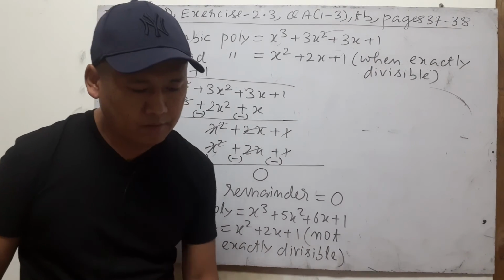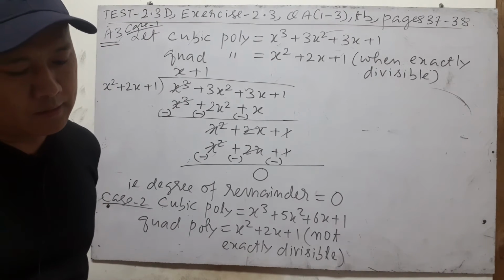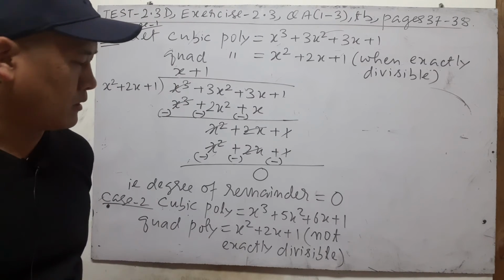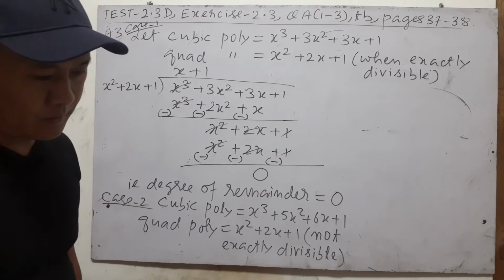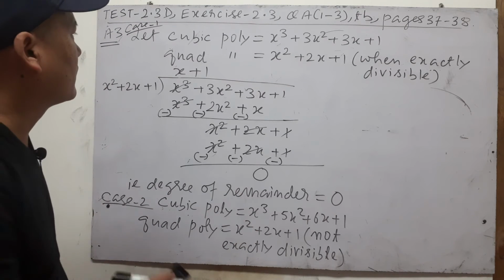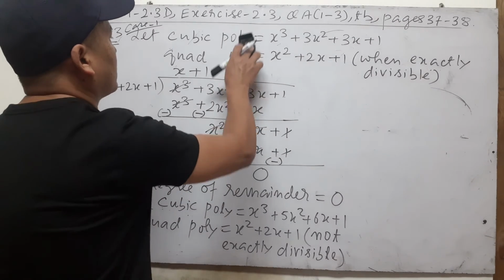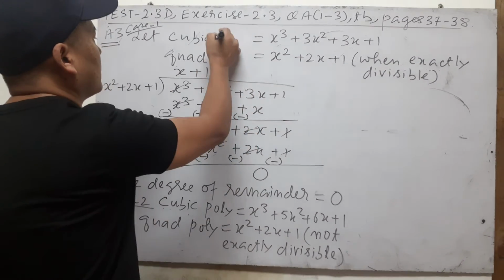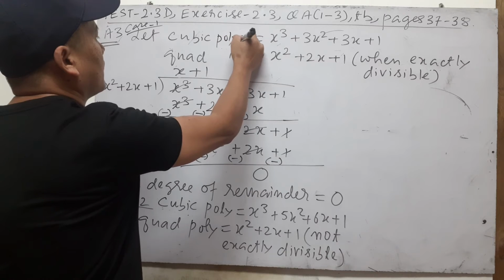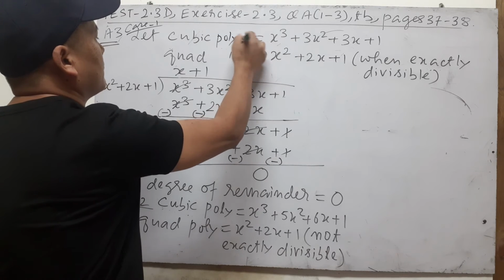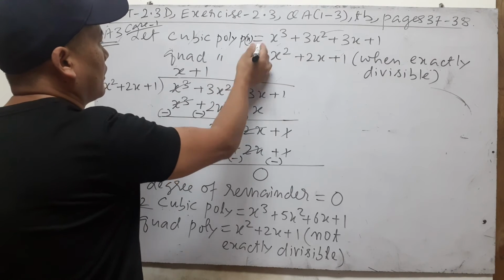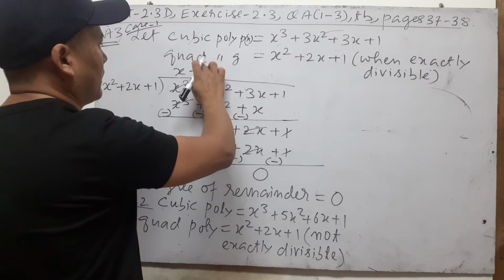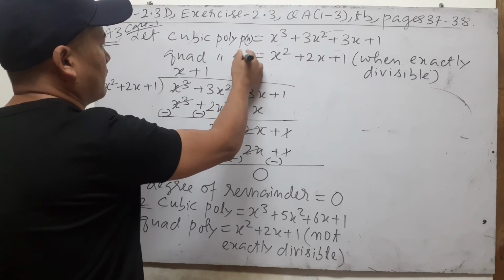When p of x is not exactly divisible by g of x, you can just put that here. Since a cubic is divided by a quadratic, p of x will be the dividend, and the quadratic is the divisor, so g of x.